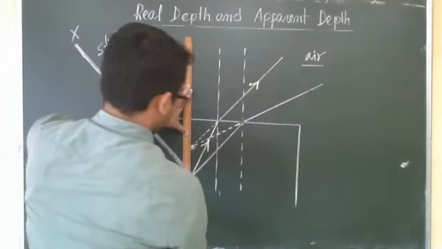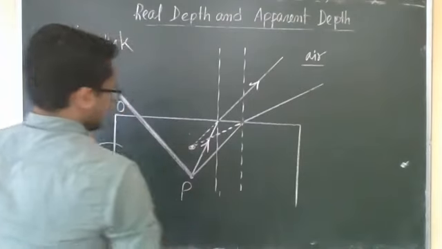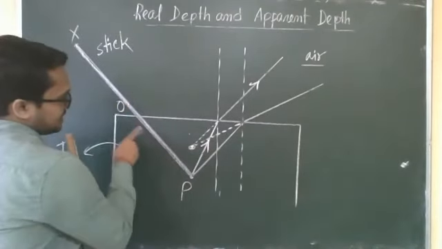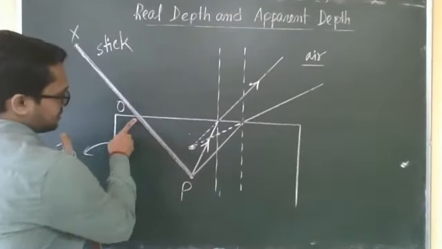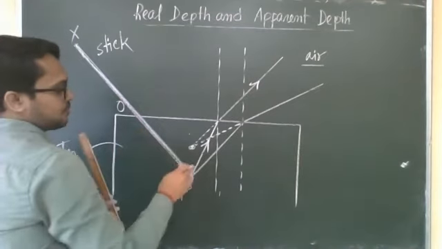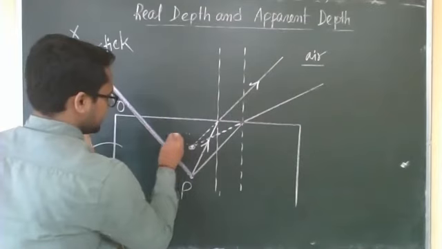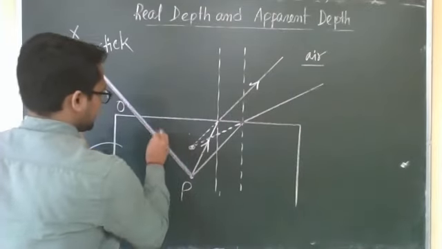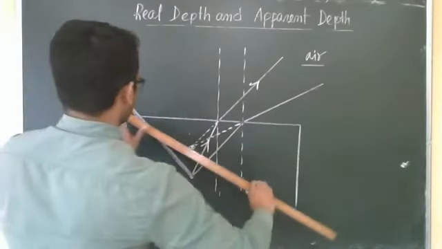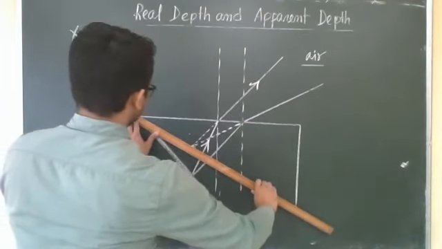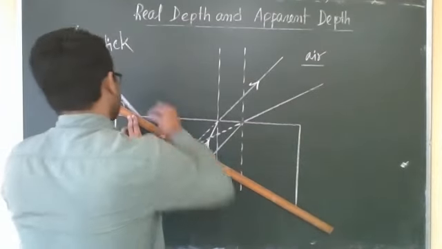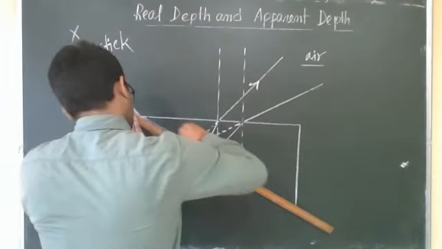Now in this way, all the points lying on this stick, the part which is inside water, will get shifted. From here it will shift here. From here it will shift here. In this way. We will not show the other points, we will just join it.